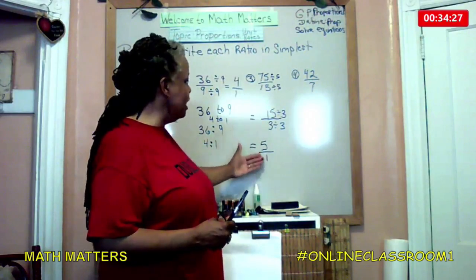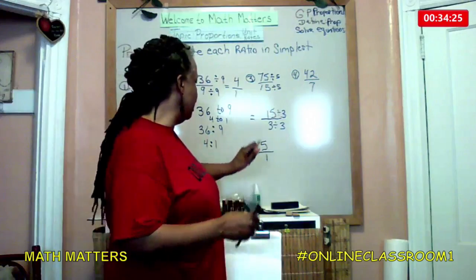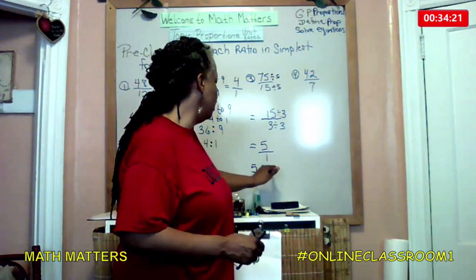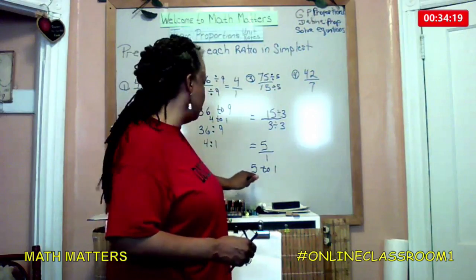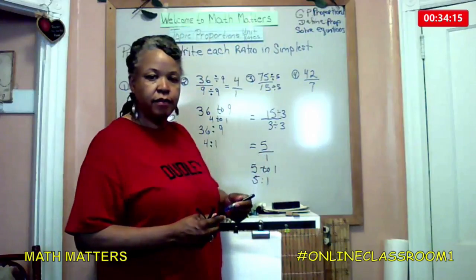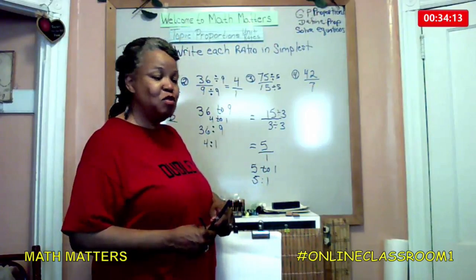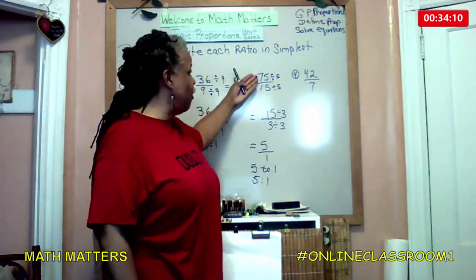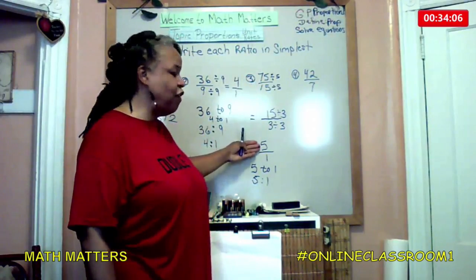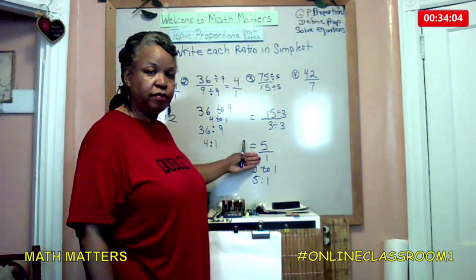Okay? And then written in the different forms, it would be 5 to 1. And then it would also be 5 colon 1. I certainly hope you understand 75 to 15 is simplified as a 5 to 1 ratio.